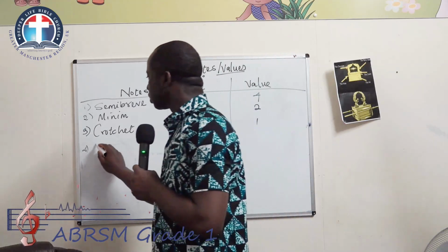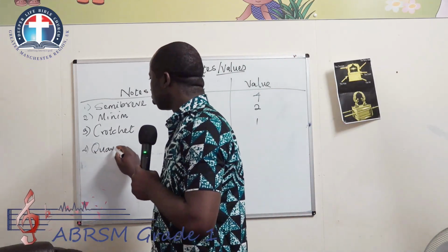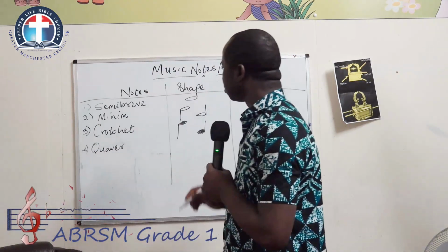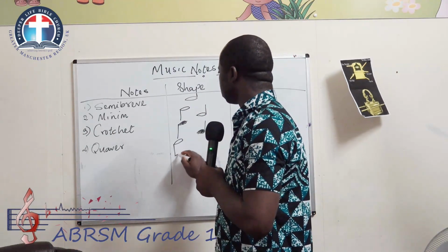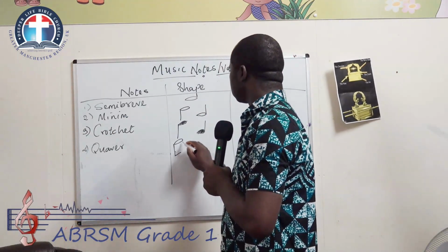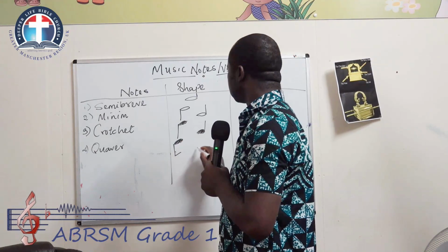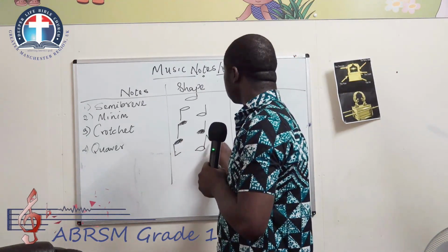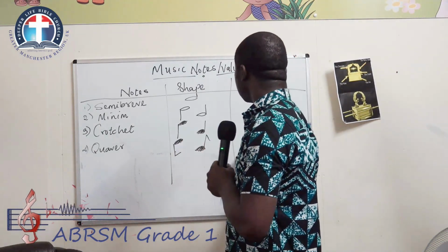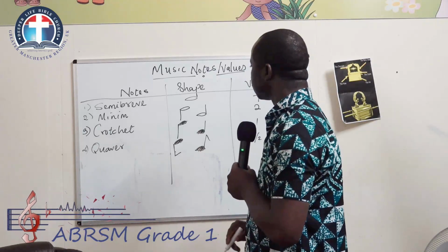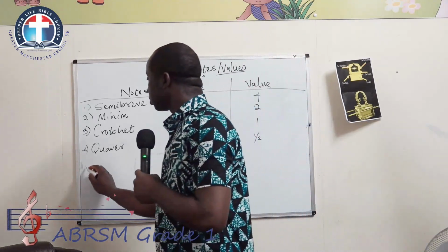Quaver. Please know these things. By now you should know; these are standard things you should have known by now. And that is what? Half. Then after that we have what?